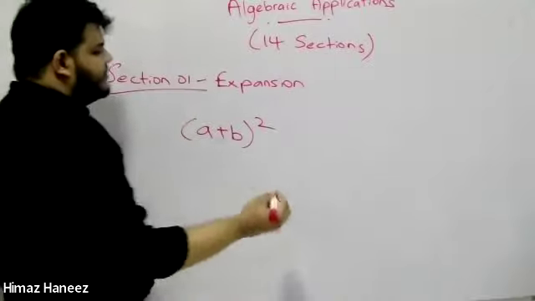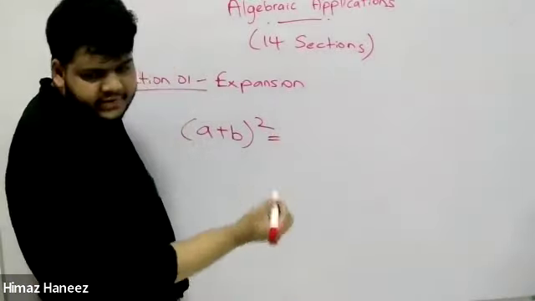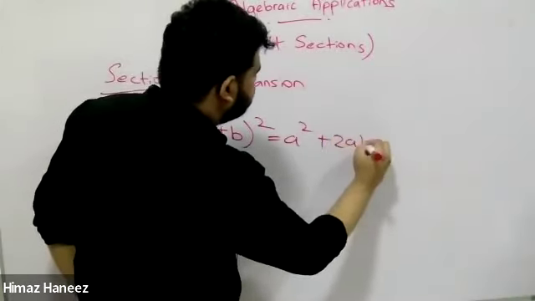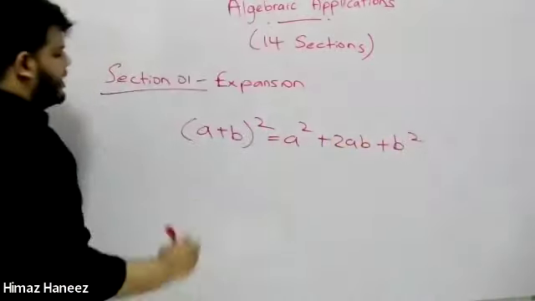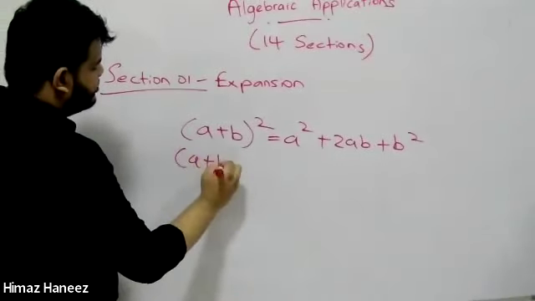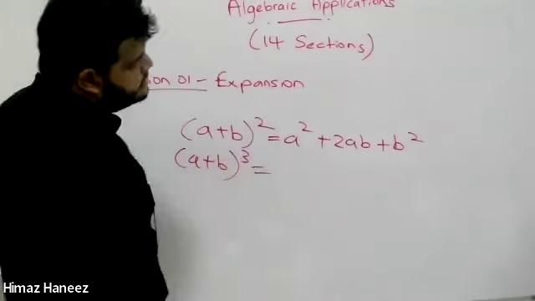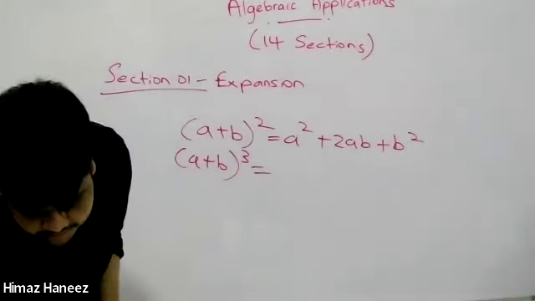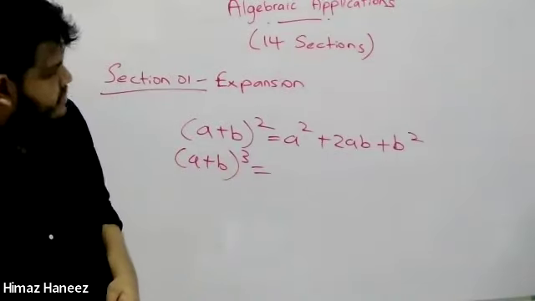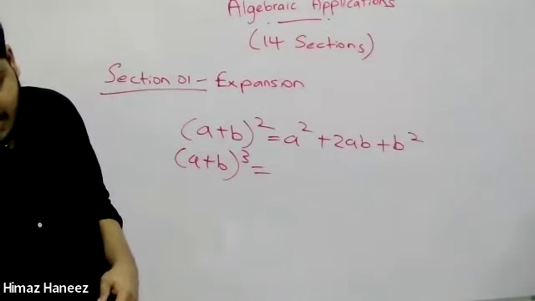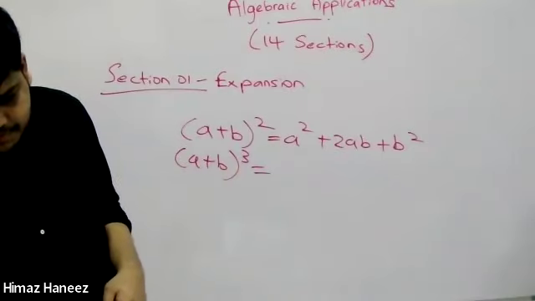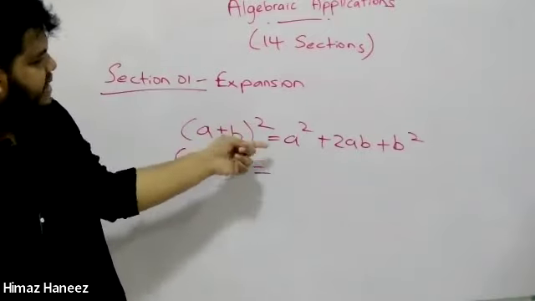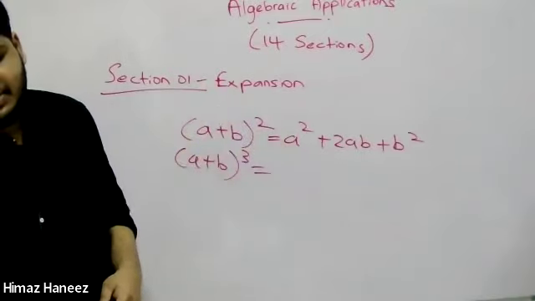In O levels, you learned that the expansion of this is a squared plus 2ab plus b squared. You also learned a plus b to the power 3. You can type it or say it on the mic. The expansion of a plus b whole squared is a squared plus 2ab plus b squared.